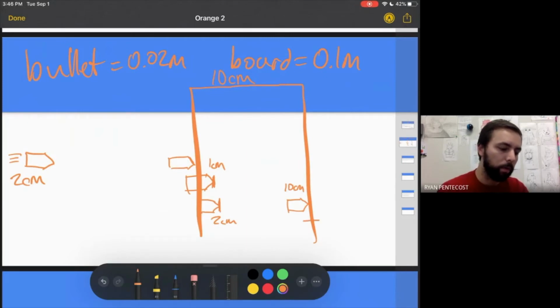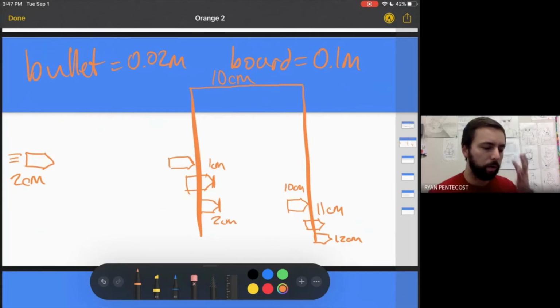here, the bullet is still being slowed by the board. Would it be slowed by the board? There's still some friction there, so there is an 11th centimeter, and here that would be 12 centimeters that the bullet was in contact with the board, right?